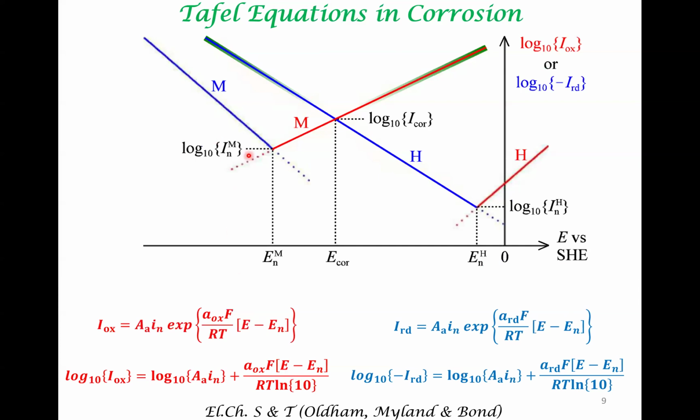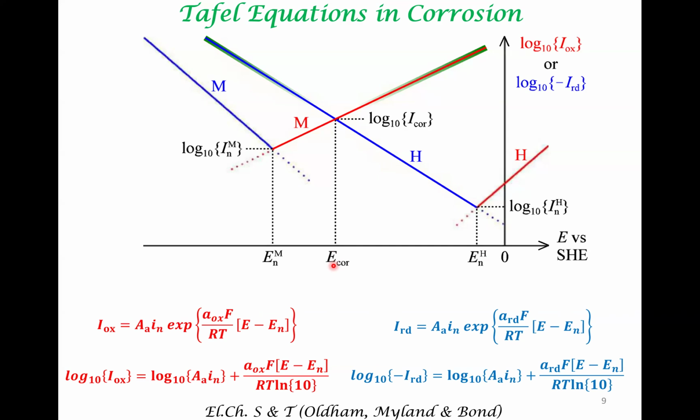So that is what is being plotted here. Again, in this plot, three quantities are important: the null potential, E corrosion, and the null potential corresponding to the cathodic reaction. E corrosion is the potential of the metallic sample which is getting corroded.